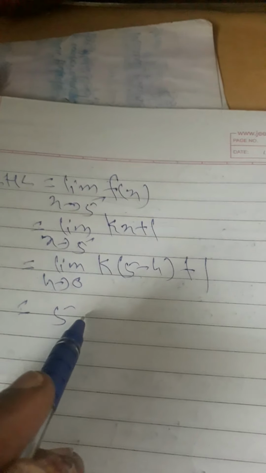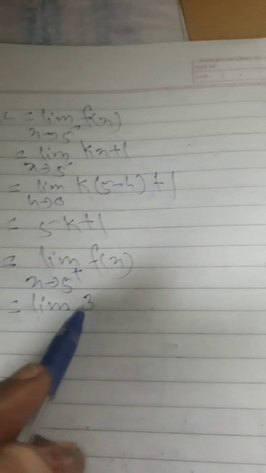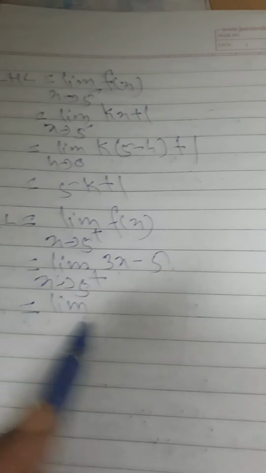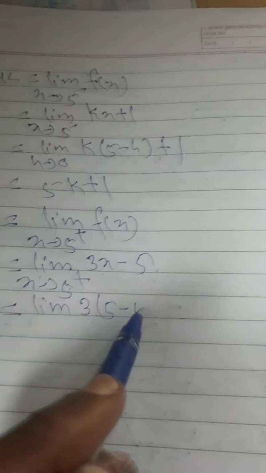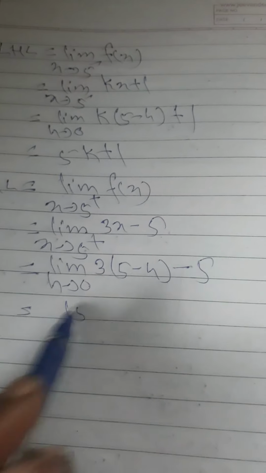So it is 5k plus 1. Now also RHL. RHL will be equal to the limit of f of x as x tends to 5 plus. So this will be the limit of 3x minus 5 as x tends to 5 plus, which will be equal to the limit of 3 into 5 plus h minus 5 as h tends to 0. So it is 15 minus 5, that is equal to 10.